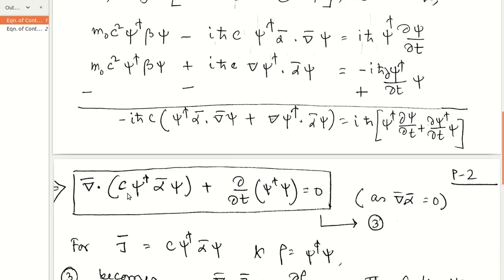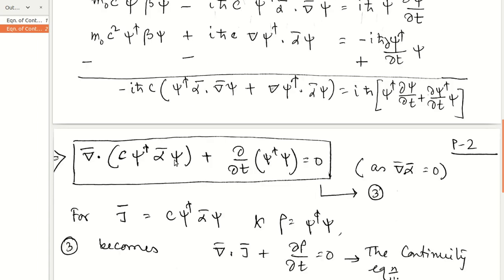It depends on first order derivatives of space, so combining these two terms into a single term is much easier than it was in the Schrodinger equation. In the Schrodinger equation, the space derivative was second order, so the application of vector identities was a bit complicated. So this is simply the divergence of c psi dagger alpha psi plus del del t of psi dagger psi. This term comes to this part and becomes positive. i h cut is cancelled and it is simplified in this very simple form.